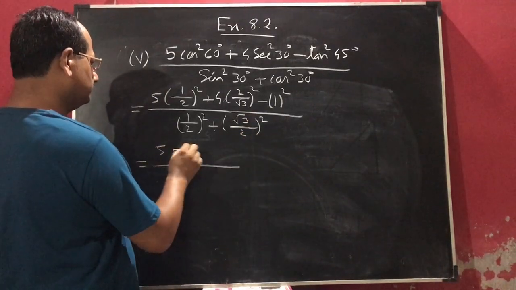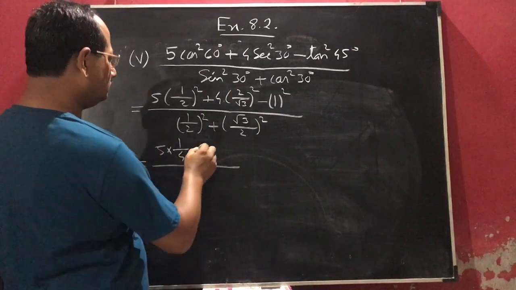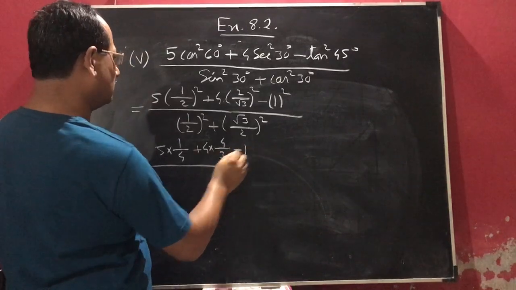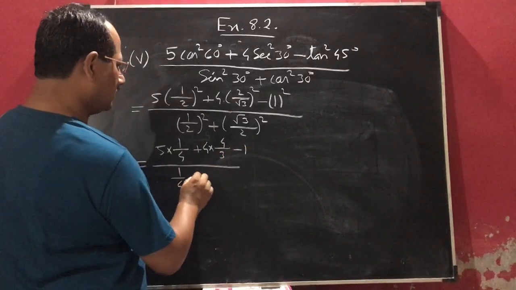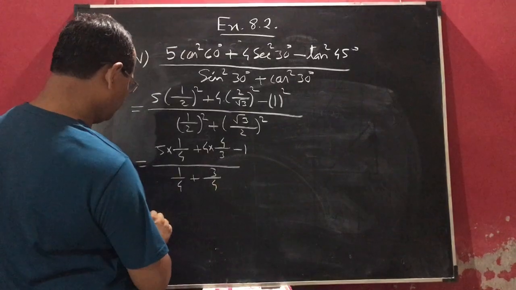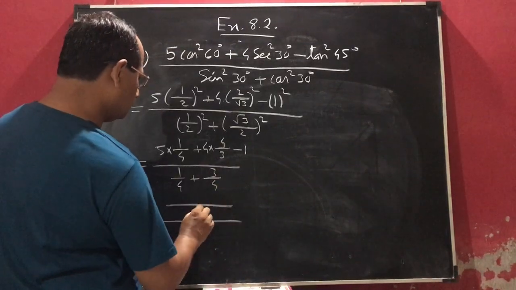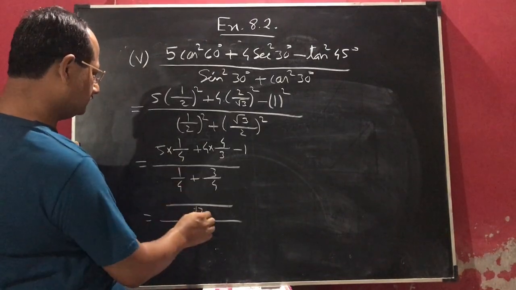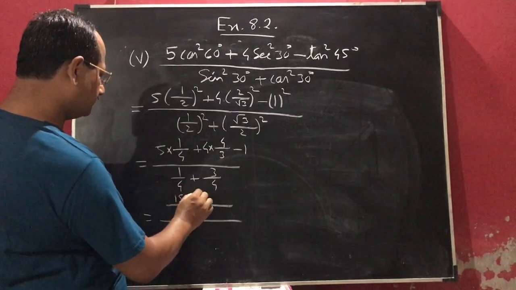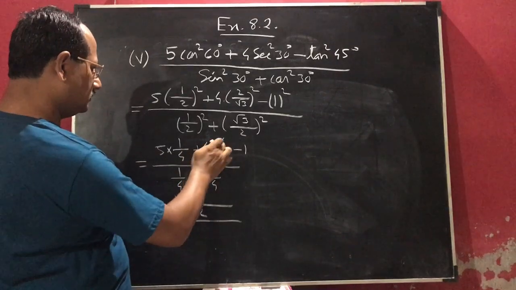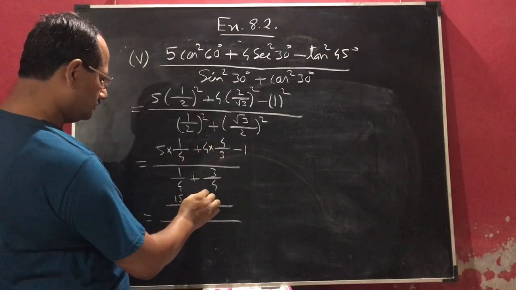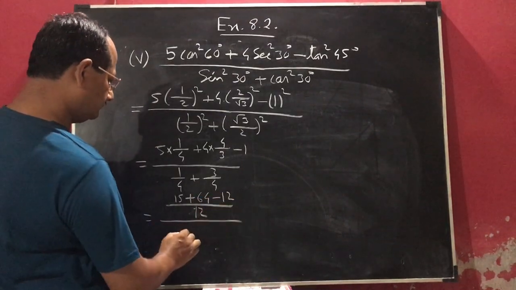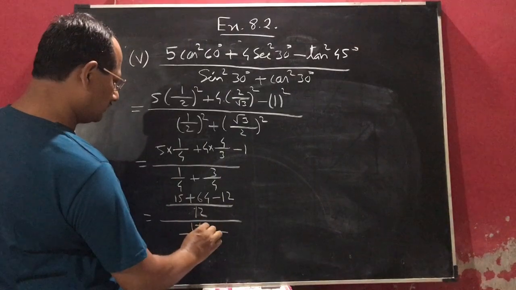This is 5 into 1 by 4 plus 4 by 3 minus 1, over 1 by 4 plus 3 by 4. So this is LCM 12. 15 plus 16 into 4, 64 minus 12, over 4 into 1 plus 3.